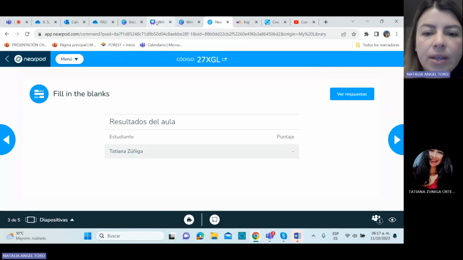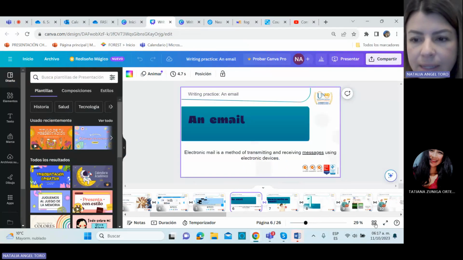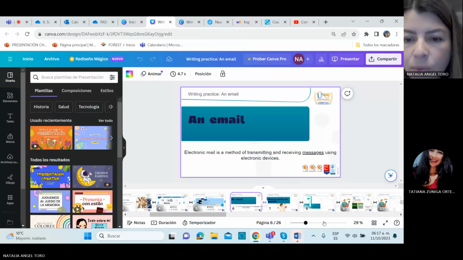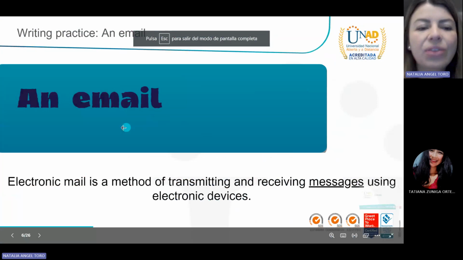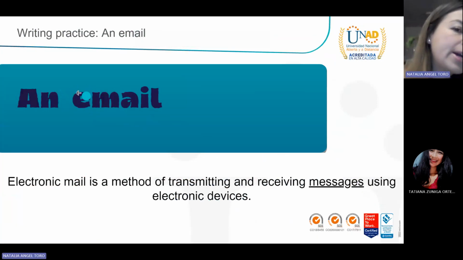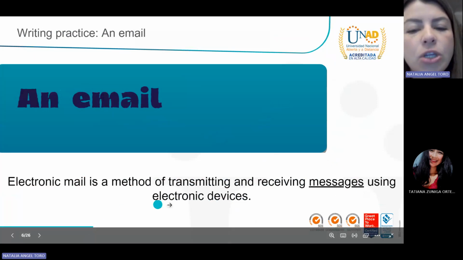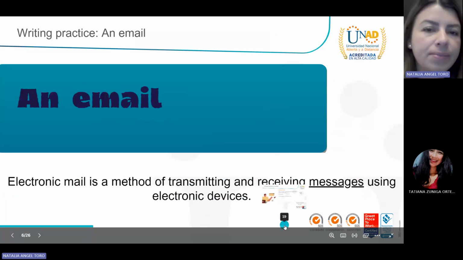Very good. So, talking about an email, as already read, an email is a method. It's an electronic method. That's why this E is located before the word mail. It's an electronic mail, a method of transmitting and receiving messages using an electronic device.